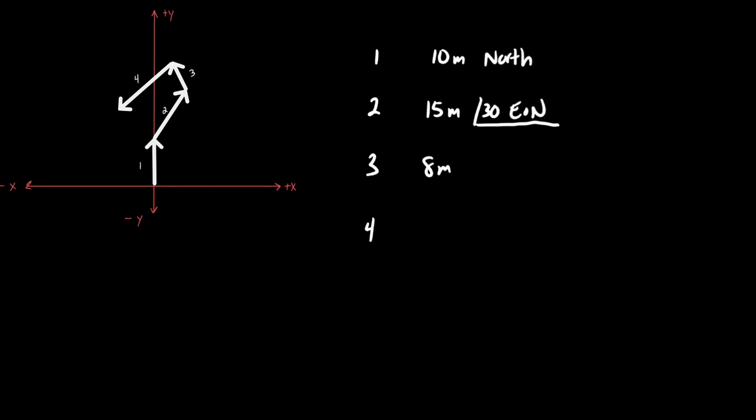I have 8 meters 20 degrees west of north, and I have 12 meters 45 degrees south of west. These are my vectors. We all good?